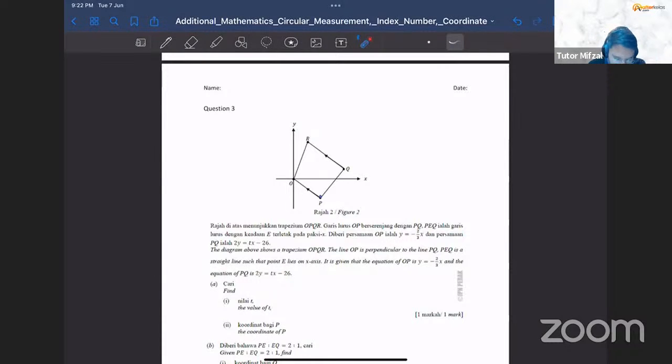Alright. Okay, jom kita tengok. Did any of you guys manage to get the answer? Ada yang dah cuba, ada yang dah dapat jawapan. Okay. Sekejap ni.